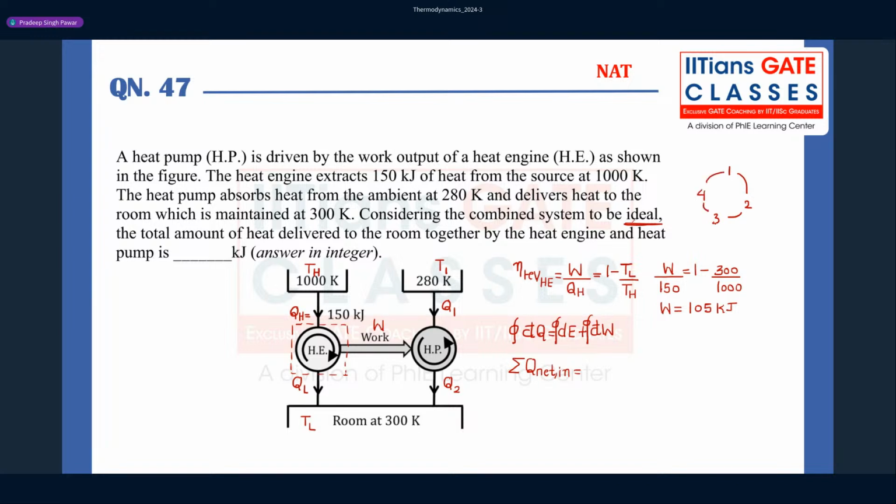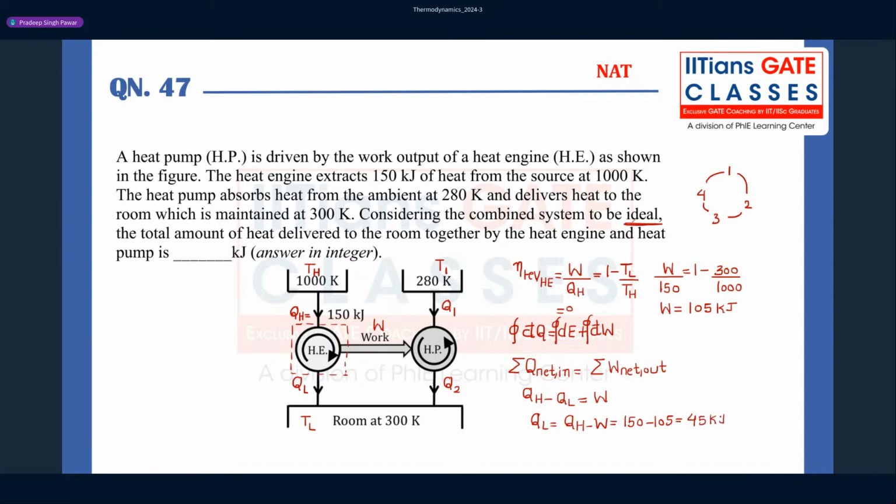So the cyclic change in energy is zero, and this is the net work done by the system. Using this relation we get QH minus QL equals W, with QL having a minus sign because it is going outside. So QL is QH minus W, which is 150 minus 105, which is 45 kilojoule.